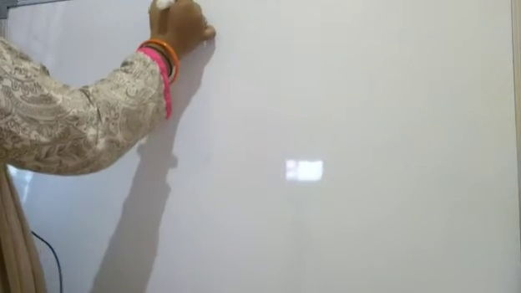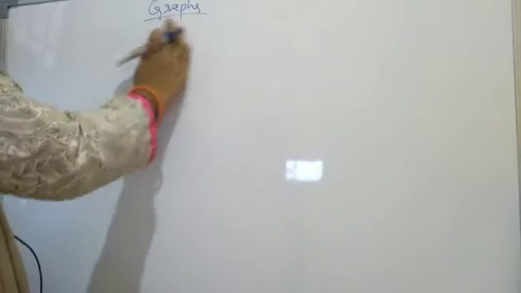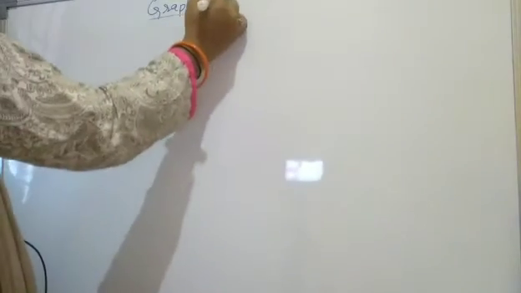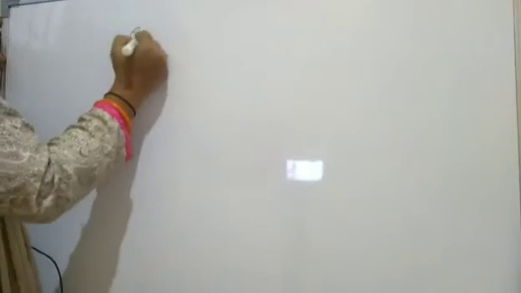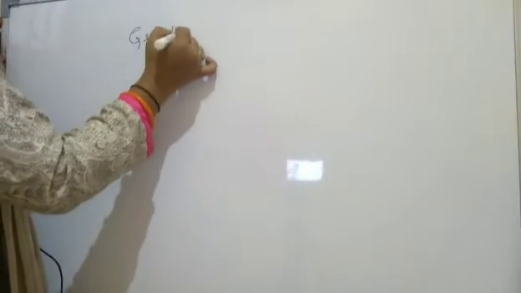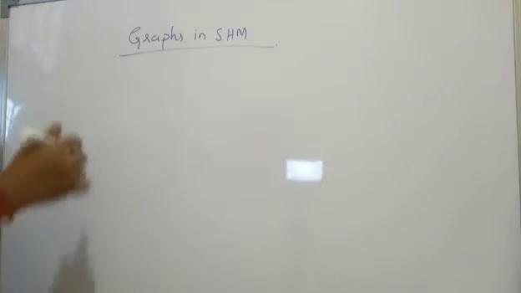Now graphs, how to frame graphs to identify which position the particle is at in simple harmonic motion. That is very, very important here. Okay, graphs in simple harmonic motion, right?